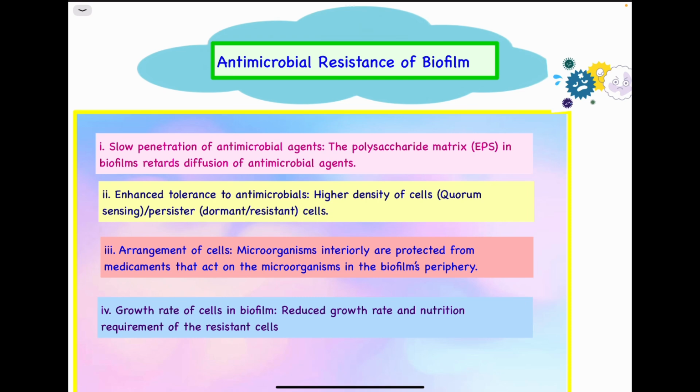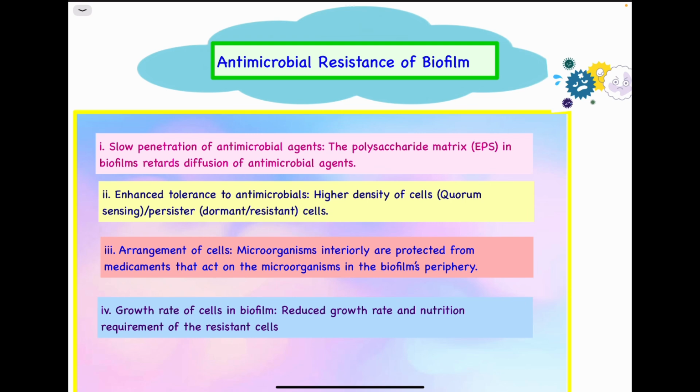Then there is enhanced tolerance to antimicrobials due to higher density of the cells. Because of quorum sensing and all, there is increased density of cells in a particular area, and because of that, the antimicrobials cannot work effectively. There are more bacteria as compared to the amount of drug or antimicrobial agent that we are using.